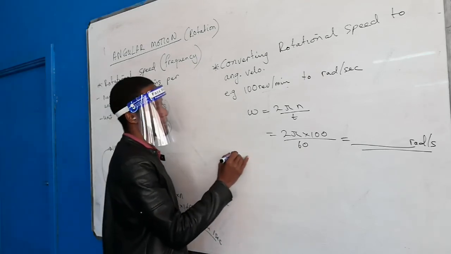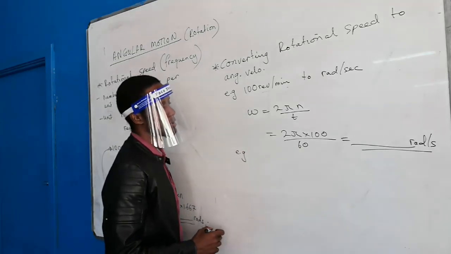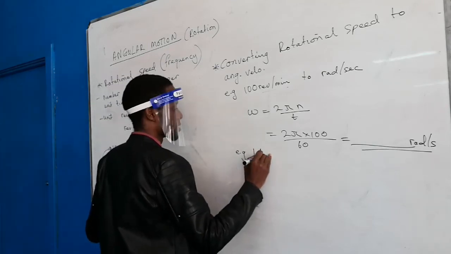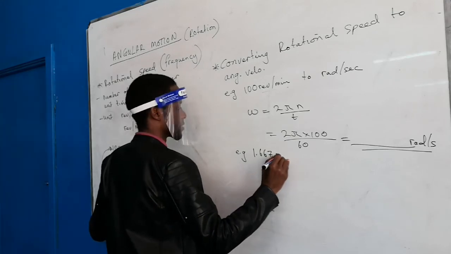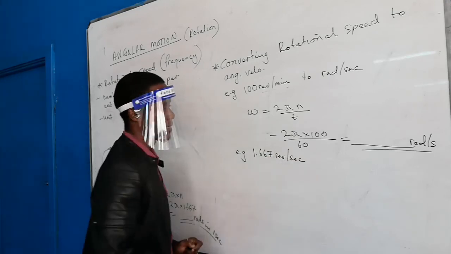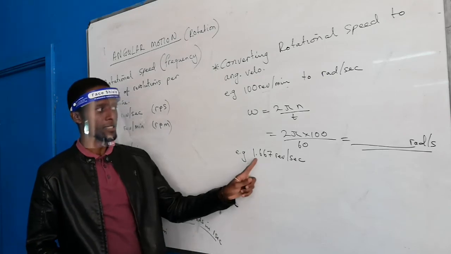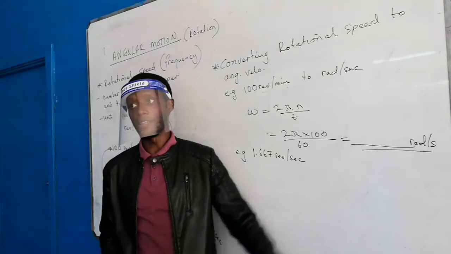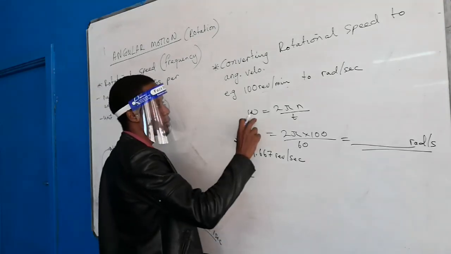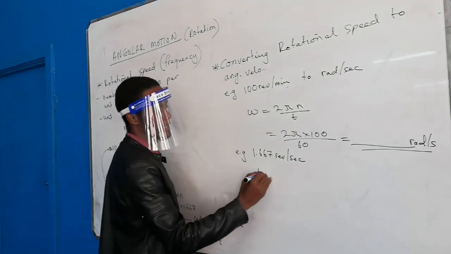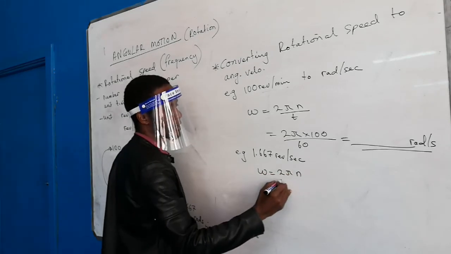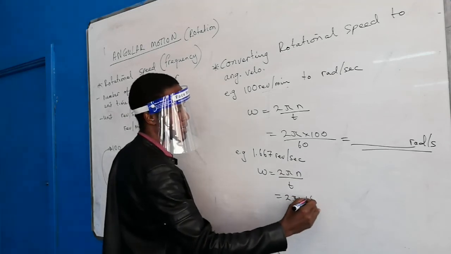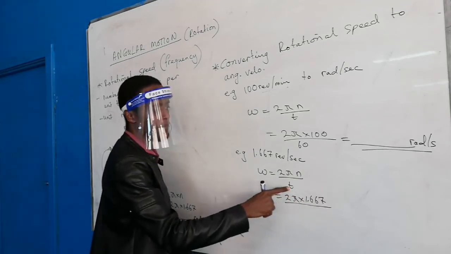If you are given example number 2, 1.667 revs per second, we are converting this, but we know that these two are the same. The answer is going to be the same at the end. But I just want to show you that if it is revs per second, 2 pi n over t, 2 pi, the number of revolutions is 1.667 over the time.